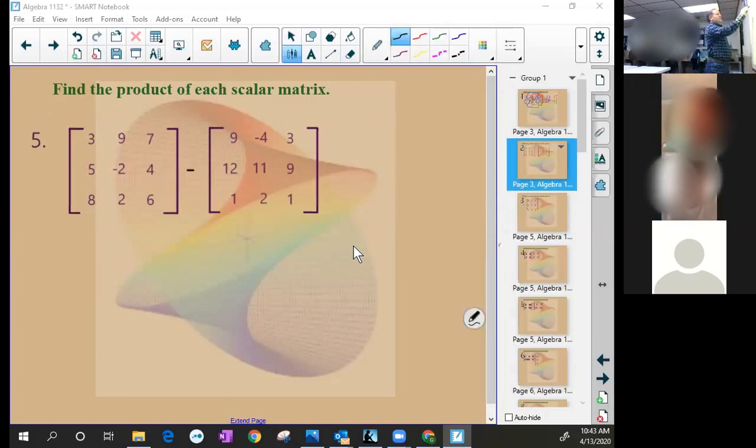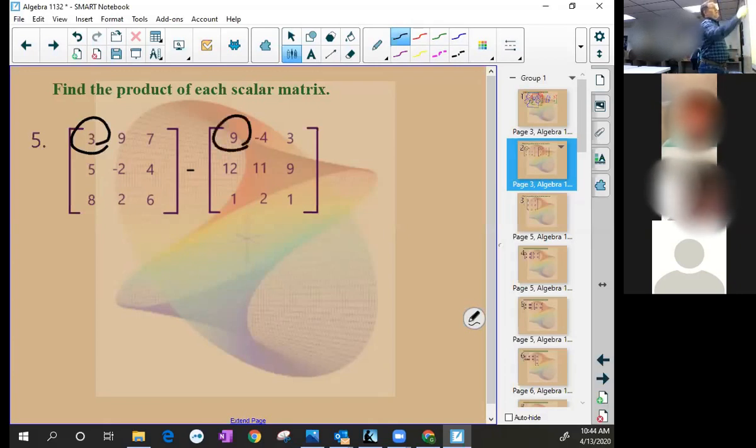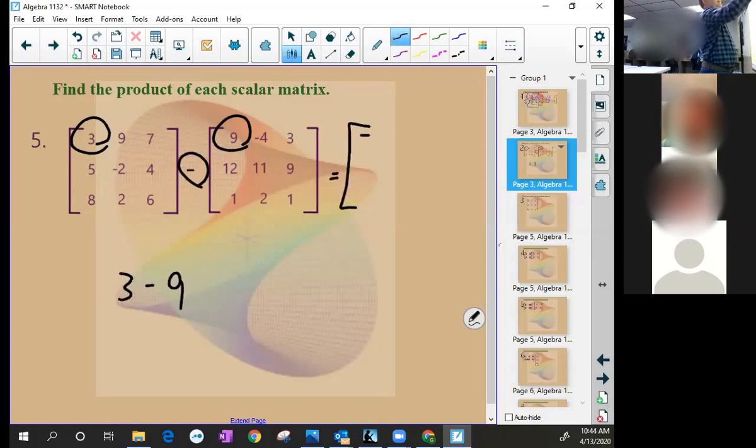I'm going to take the number from row 1, column 1, and subtract from it the one in row 1, column 1. That'll be 3 minus 9, which makes a negative 6. Okay?